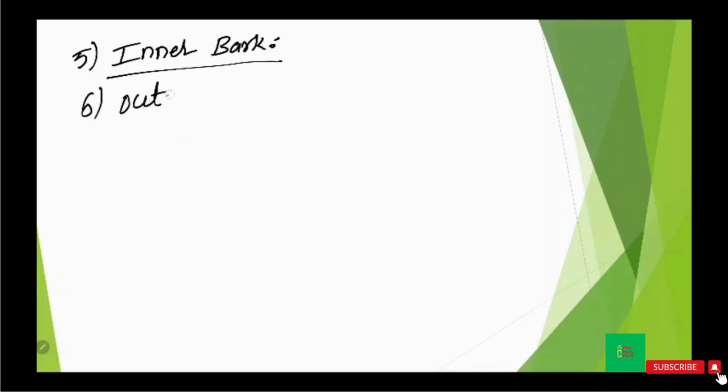Next, inner bark. The inner skin or layer covering the cambium layer is known as the inner bark. It gives protection to the cambium layer from any injury. Next, outer bark.